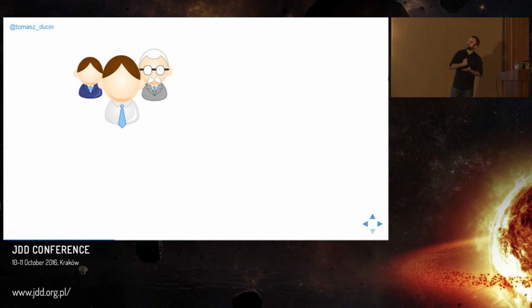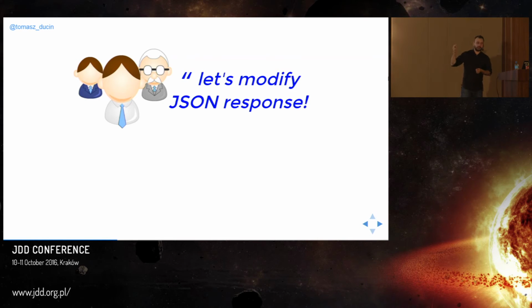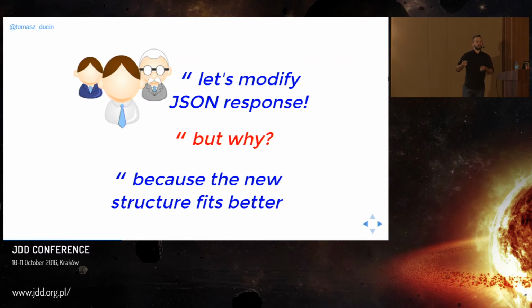So let me tell you one more story. The architect guy wanted to gather a meeting of the backend specialists, and the topic was that he doesn't like the JSON response of one of the requests, of one of the resources. So they asked, what is wrong with it? Why do you want to change it? And he said that the current shape of the JSON does not reflect what this resource actually is, right?